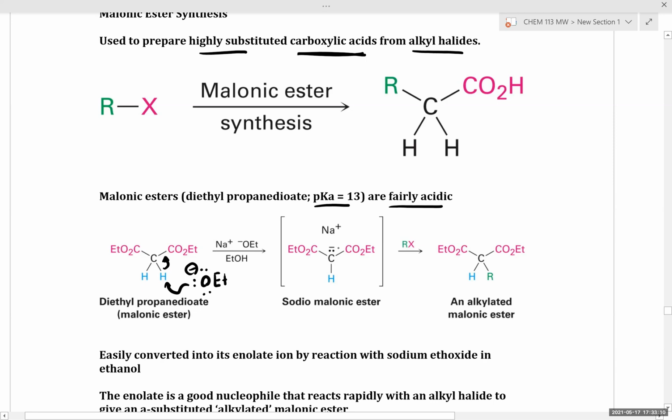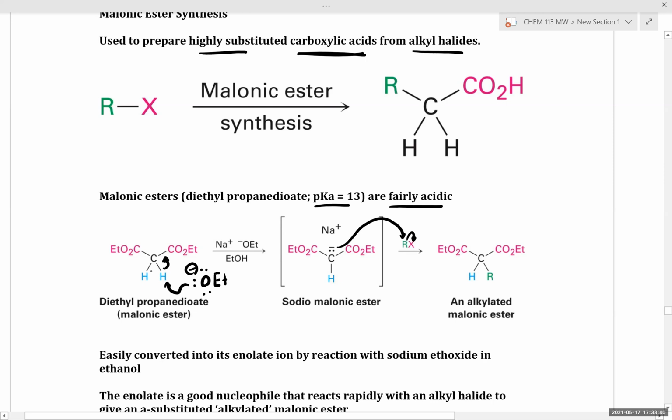From here, we can alkylate our enolate with any common, generally primary alkyl halide, to prepare an alkylated malonic ester. So we're generating our enolate. Because malonic esters are more acidic, enolate generation occurs readily. And from there, we can alkylate our enolate with common primary and some secondary alkyl halides.